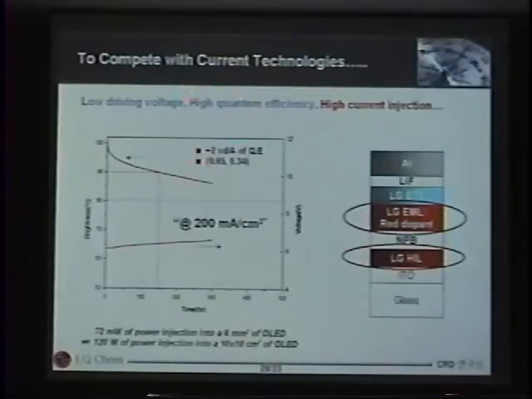Another is high quantum efficiency. People are trying to use triplet devices. By using triplet molecules, you can increase the quantum efficiency. But also, if you can inject more current into a fixed area, then you can make a device which can be driven at a very high brightness level.